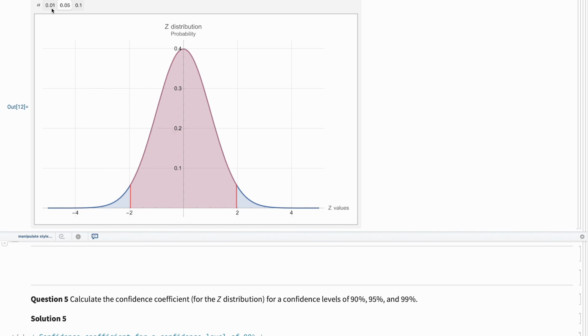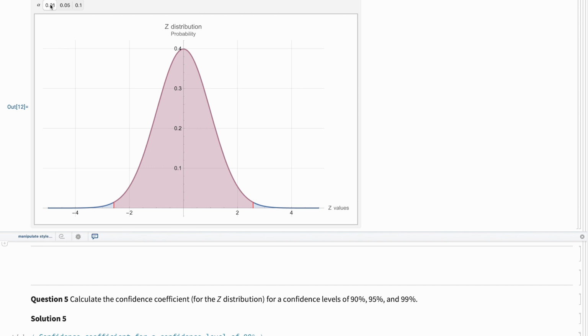Look at this red zone. If I click on this, look how big that red zone is. I'm capturing 99% of the most probable values that Z can possibly take if I do my study over and over again. And remember, Z is just a representation of X bar, all the possible sample means, just expressed in how many standard errors they are away from the population mean.